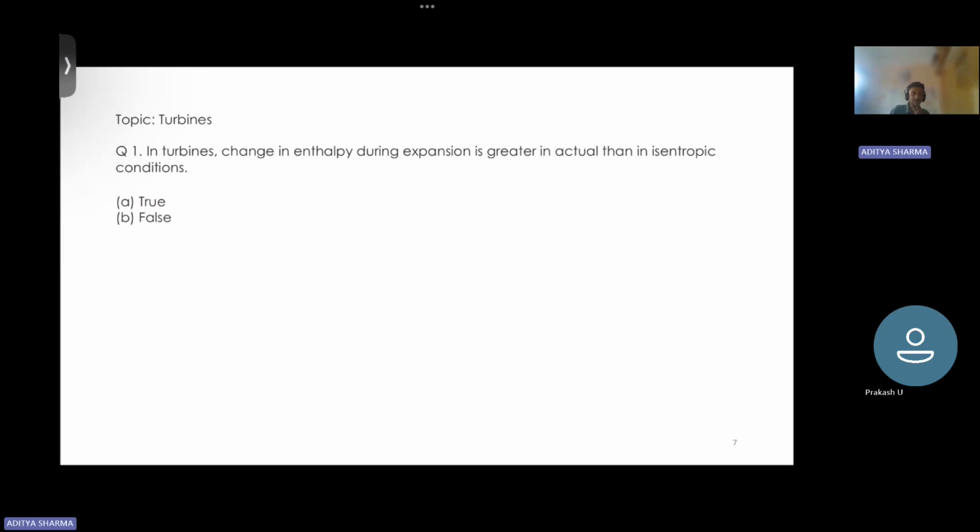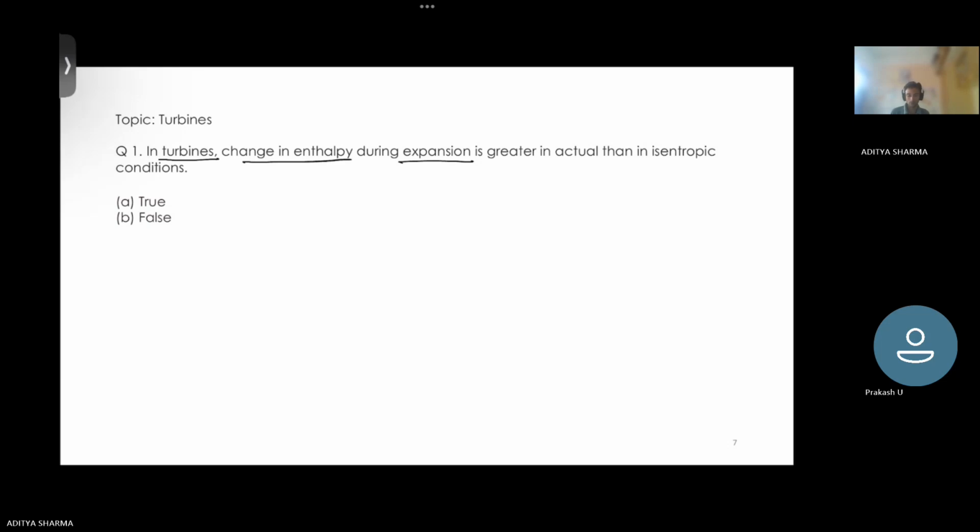So the statement says that in turbines, change in enthalpy during expansion. The statement first talks about turbine, then it talks about change in enthalpy, and then it says expansion. Is it true that expansion takes place in turbines?